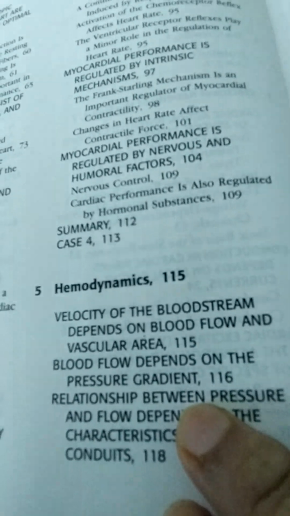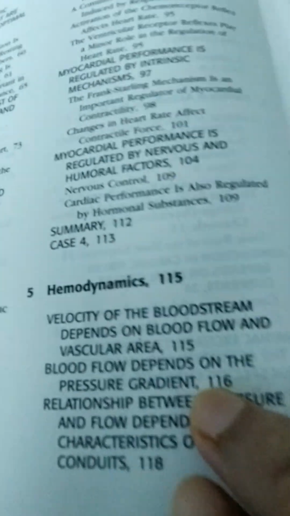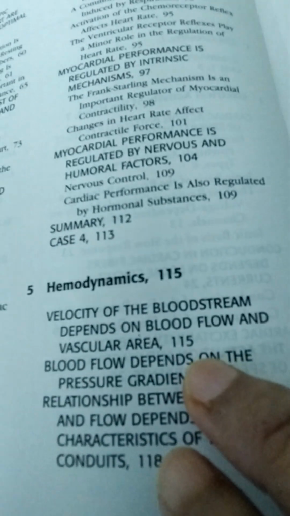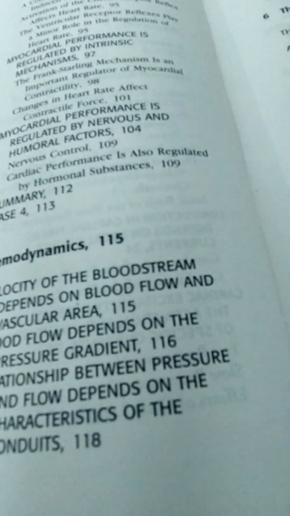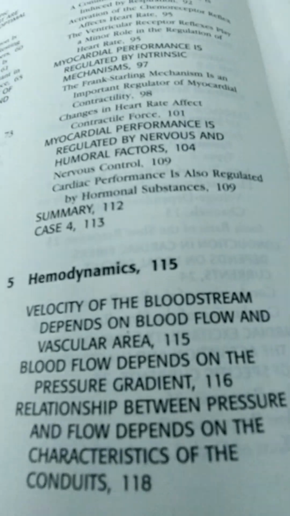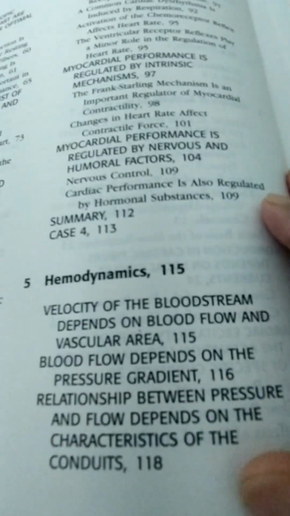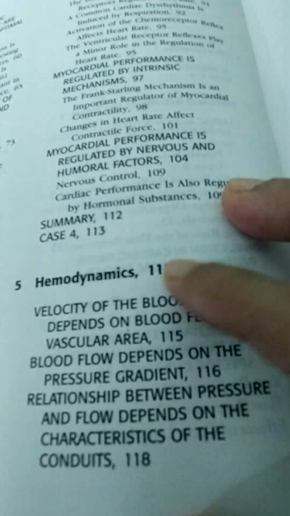And then hemodynamics. Hemodynamics is also important. So if you talk about heart failure, etc., in research, you take the hemodynamic parameters for the study. So these are the things studied here.